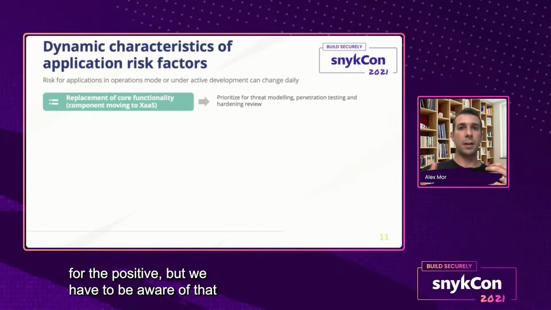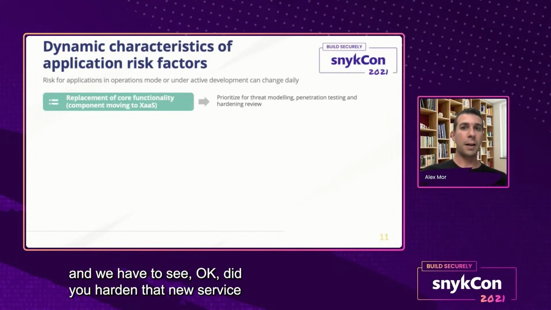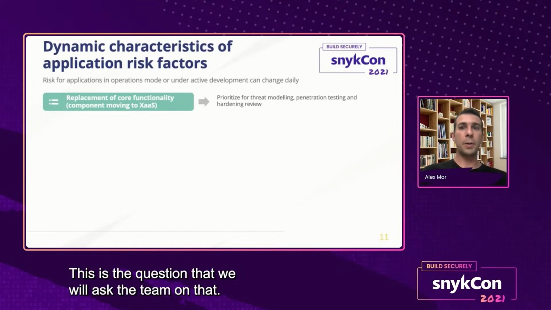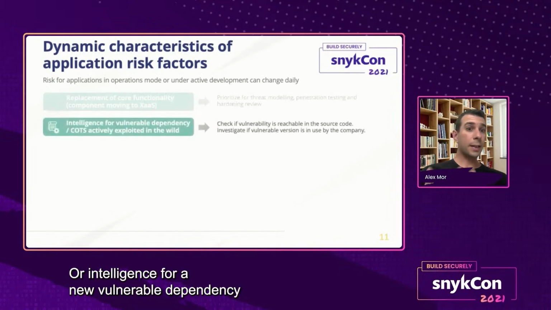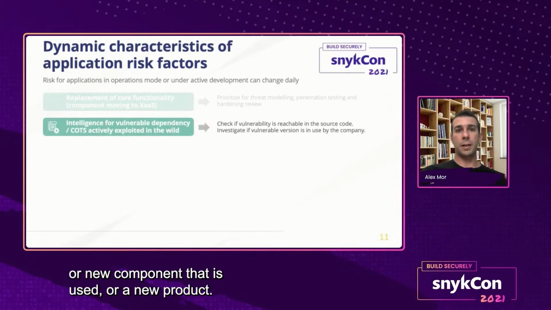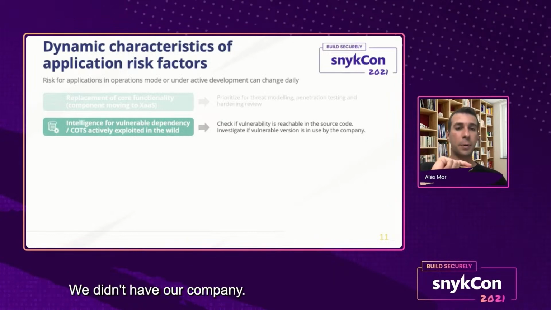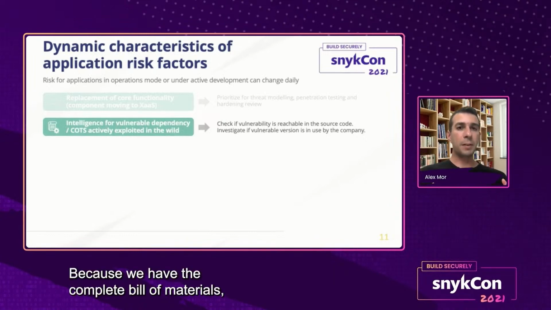But we have to be aware of that, and we have to ask, did you harden that new service that you're starting to use, right? This is the question that we would ask the team. Or intelligence for a new vulnerable dependency, or a new component that is used, or a new product within our company, because we have the complete bill of materials.